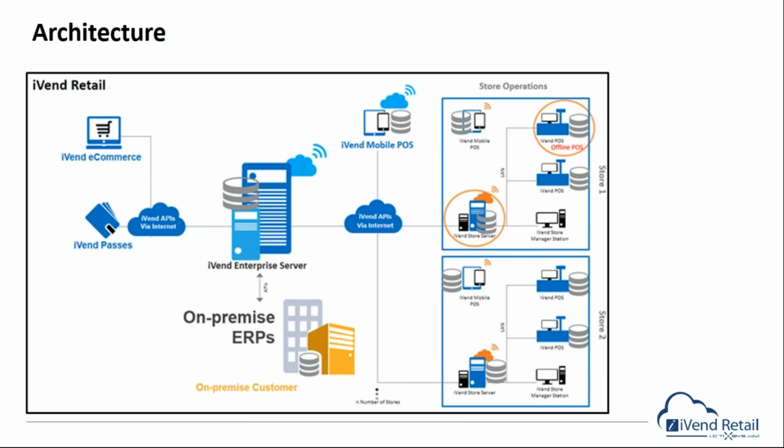If it's able to find the connection, it will push the data to the store server. And unfortunately, if the connection is not there, the data will reside on the local database. The point of sale database will keep on pinging, keep on searching for the store server database, and the moment it's able to find it again, it will push the data. And the other way around, when the data is syncing from the store server to the point of sale. So that's the basic concept on which this whole mechanism is going to run.